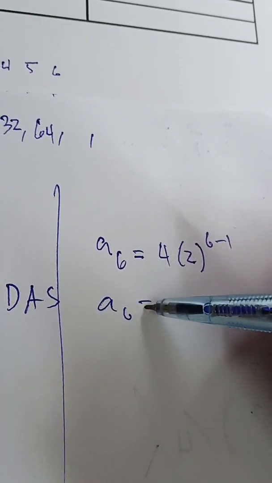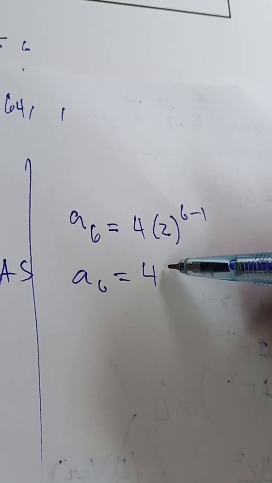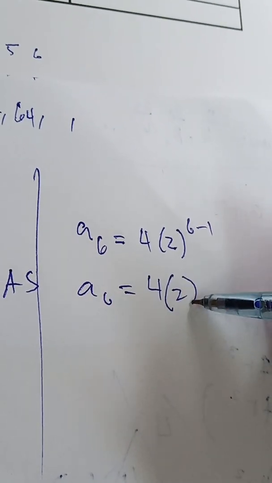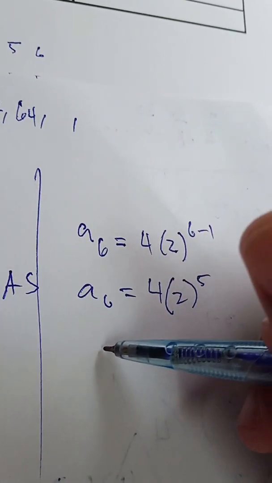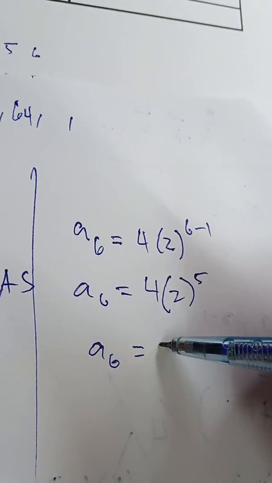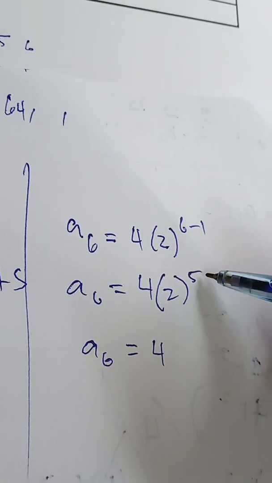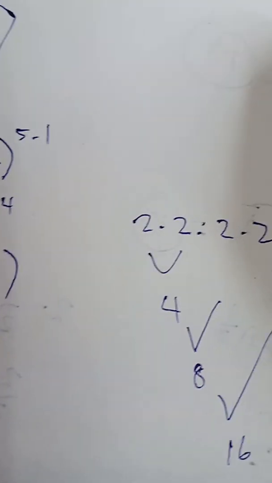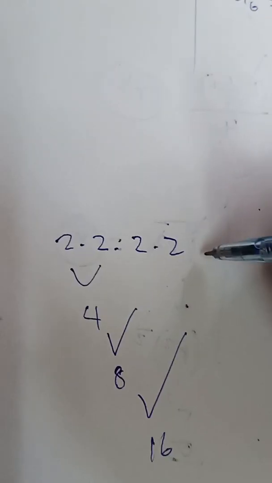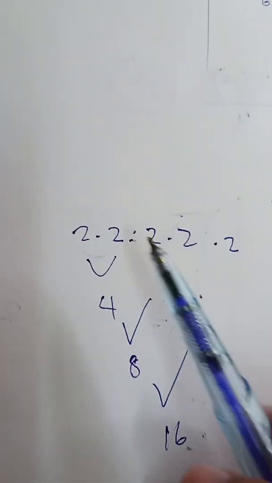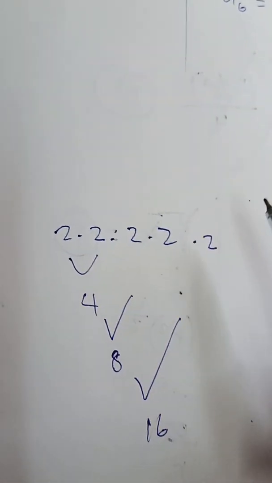Using the PEMDAS again, 6 minus 1 is 5 here. So a sub 6 is equal to 4 times 2 raised to 5. So dagdagan lang natin ng another 2 para maging 5, di ba? 1, 2, 3, 4, 5.